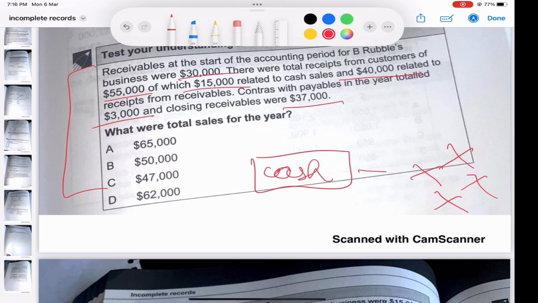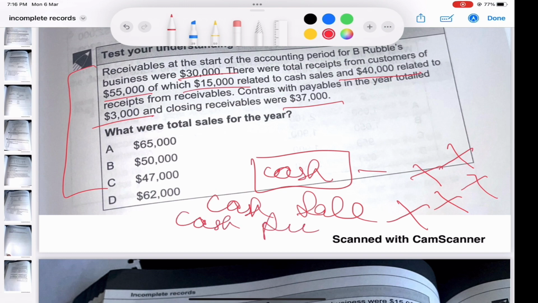Only the credit transaction should be mentioned. So when you're making a payables account also, cash purchases should not be included in your control ledger account.